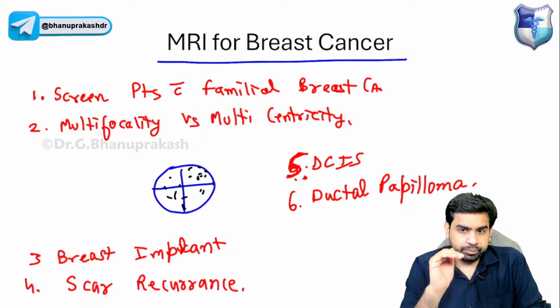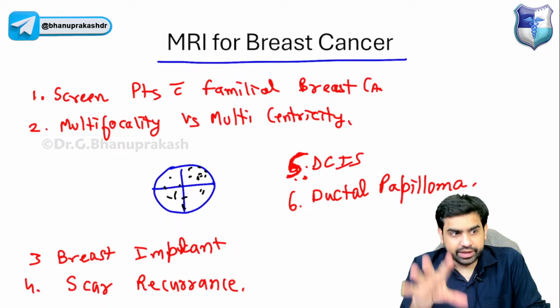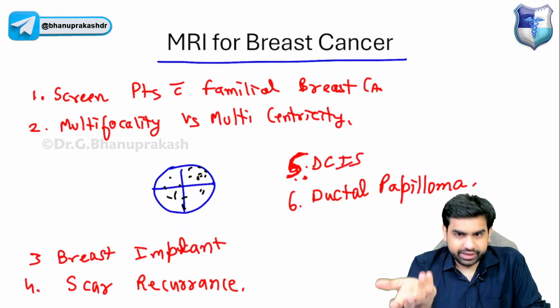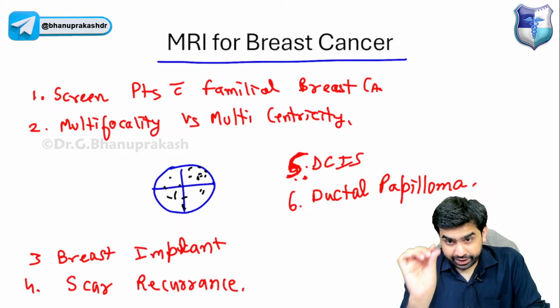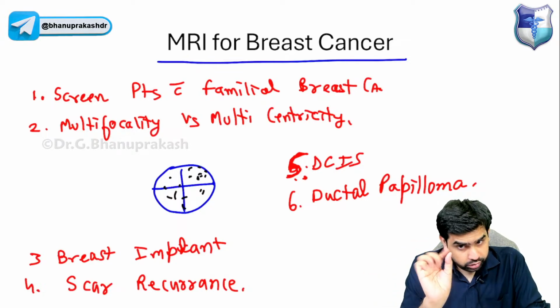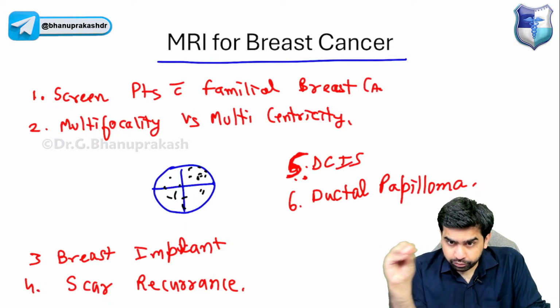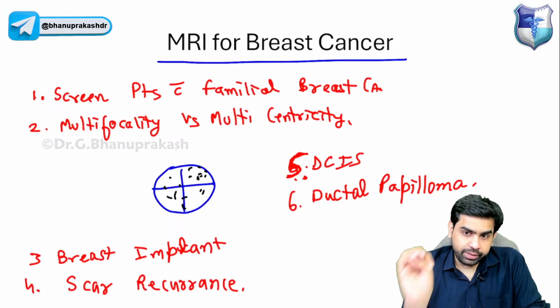So multifocality, multicentricity, it is basically malignancy only. Now, it is not that practical for you to understand what these things mean, but try to understand. If there is a malignancy, it can be present at a single focus, unifocal, or at multiple foci within the same quadrant of the breast. That is what is called multifocality.